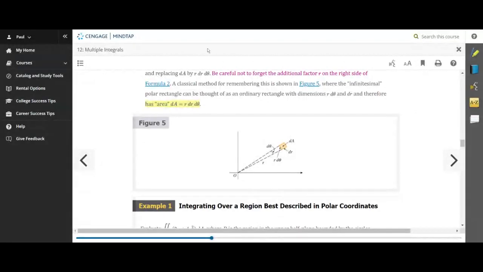Hold on here, got to make sure you're seeing what I'm seeing. So you see there for figure 5, that little polar subrectangle almost looks like the area of a box. How would you find the area of a box?